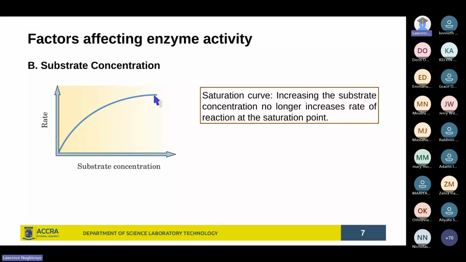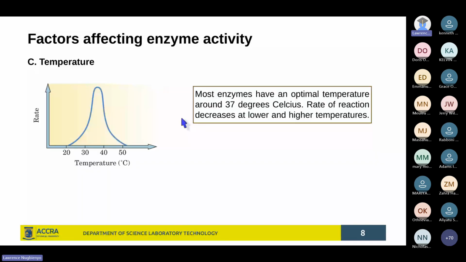Next is temperature. So we have seen earlier that heat can result into denaturing of proteins. And we see that we are still referring to proteins when we talk about enzymes.